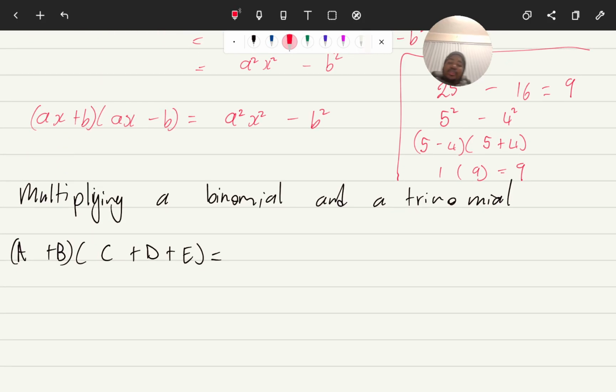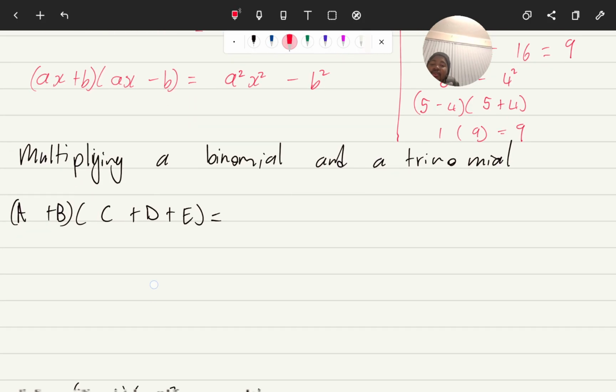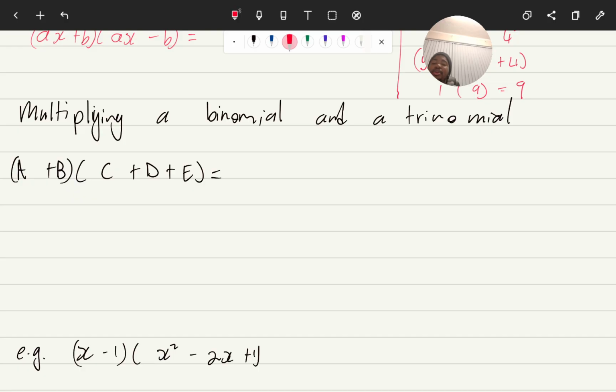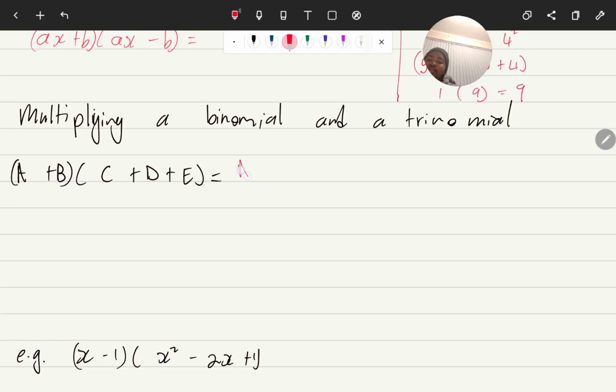Cool. So now we're going to multiply a binomial with a trinomial. I have a very simple method, which is you take a, you multiply it into the bracket.